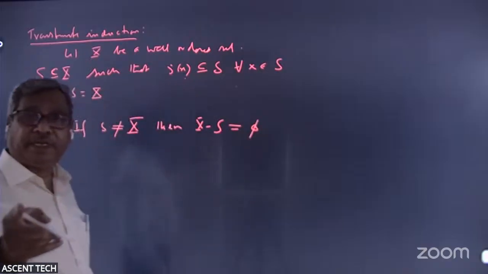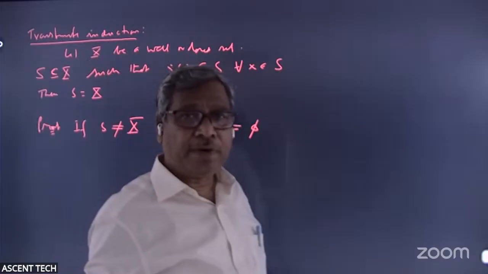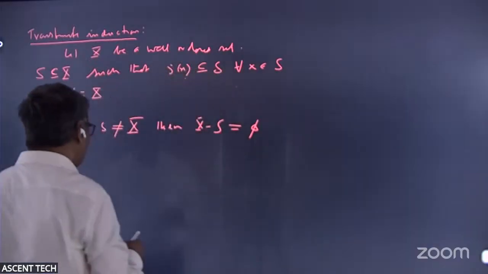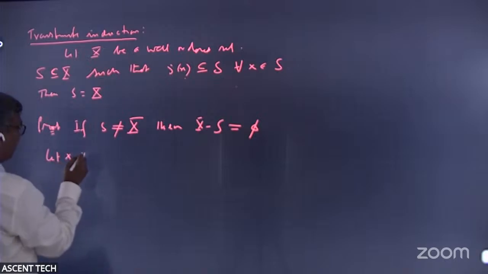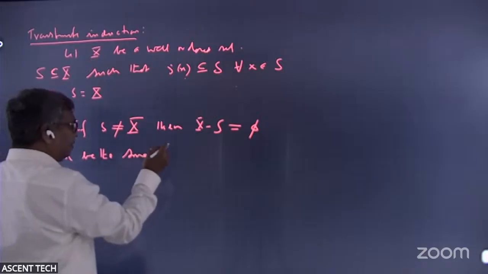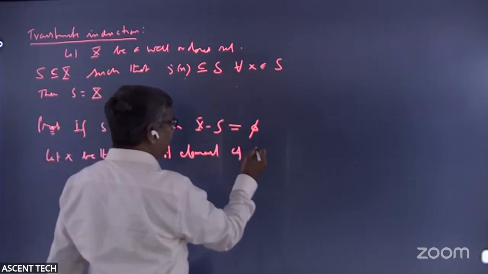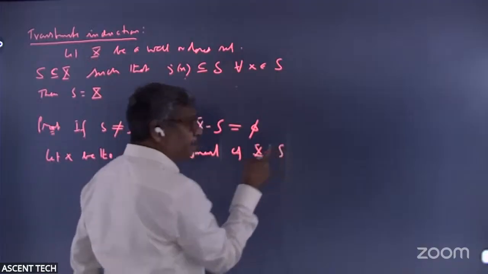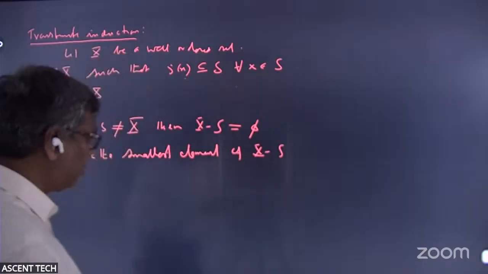But because X is well ordered, every non-empty set has a smallest element. Let x be the smallest element of X minus S. So anything smaller than that will not be in that set anymore.